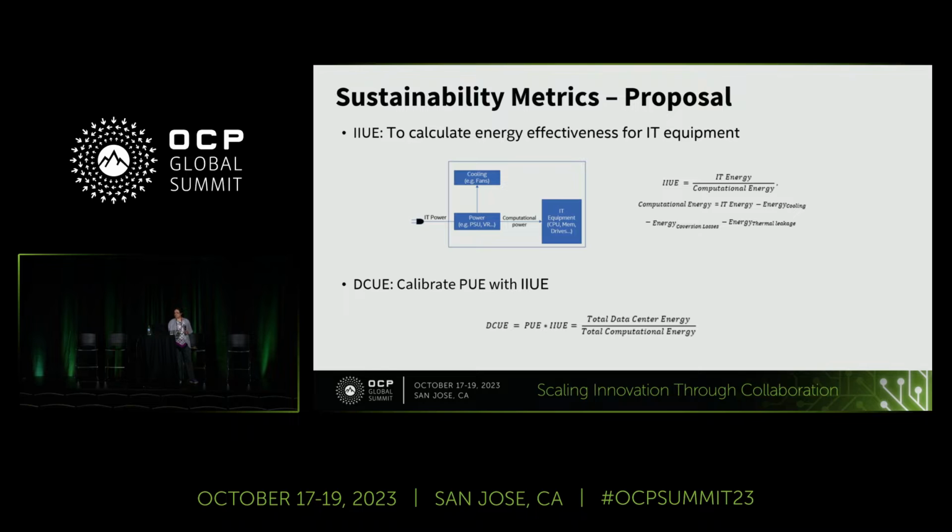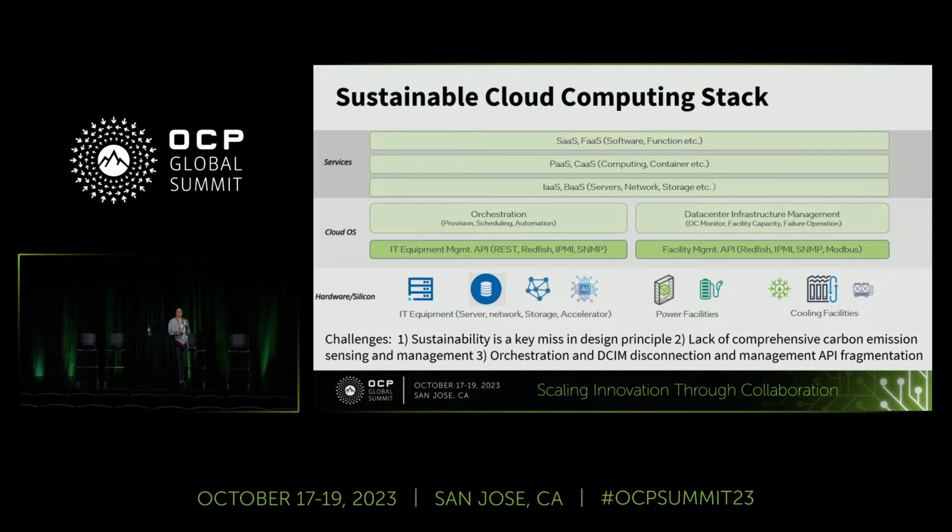Similar to that, there are challenges in the sustainable cloud, existing or native cloud computing stack. If you look at this stack today, you have the service layer, you have the cloud OS layer, and the hardware silicon layer. But it is missing a lot. It does not have sustainability as a key design.